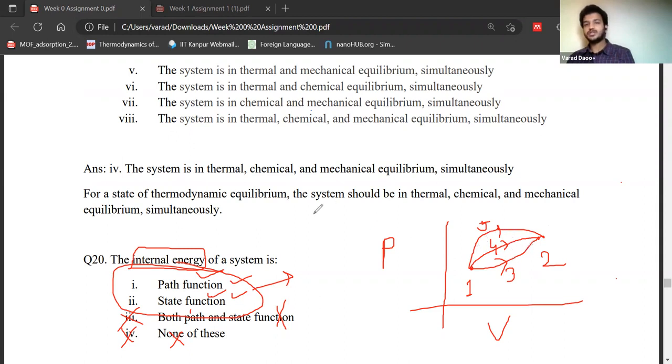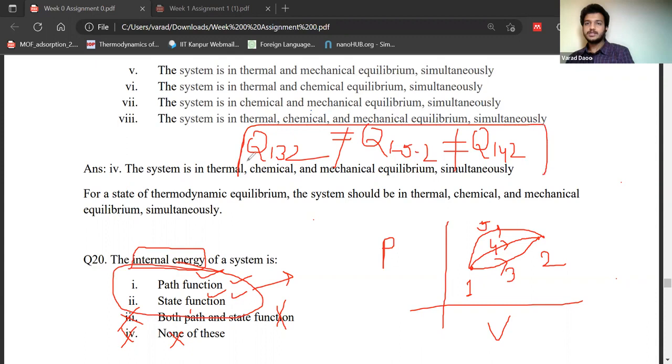Those are called what? And those that depend on path, that means path functions, are the properties which depend on the way we take. For example, let's say Q is a path function. Then Q along 1-5-2 may not be equal to Q along 1-4-2, which may not be equal to Q along 1-3-2.